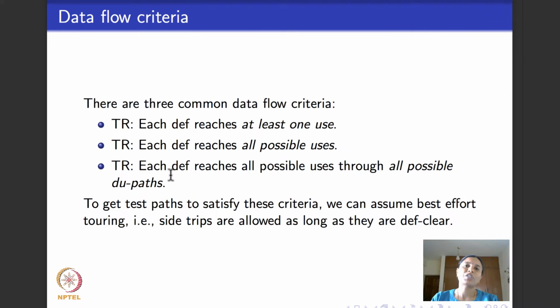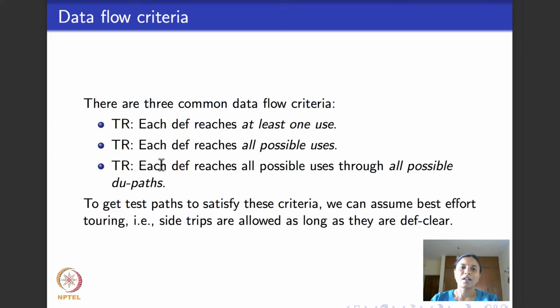Now, what are the three kinds of data flow coverage criteria that we are going to look at? These are the three TRs for the three different data flow coverage criteria. The first says that each definition should reach at least one use. The second says that each definition should reach all possible uses. The third says that each definition reaches all possible uses, and not only that, it reaches them using all possible different paths that you can trace out in the graph.